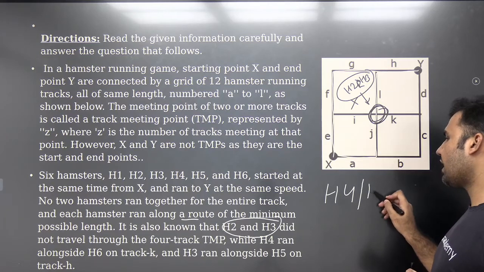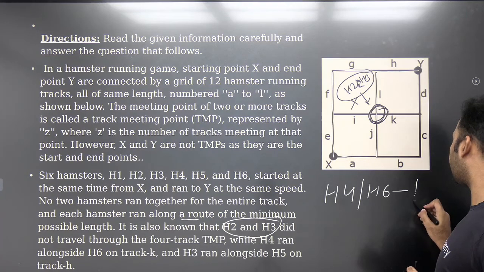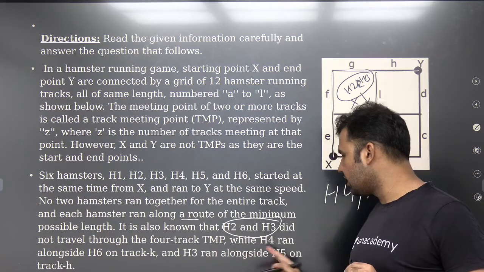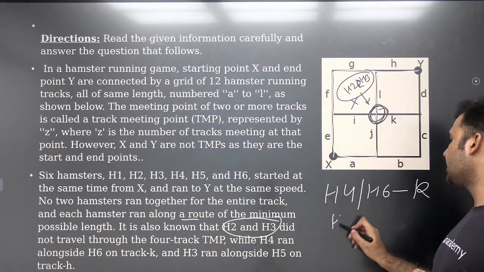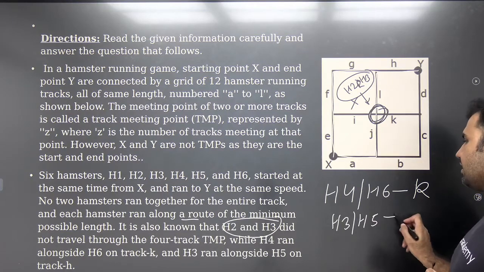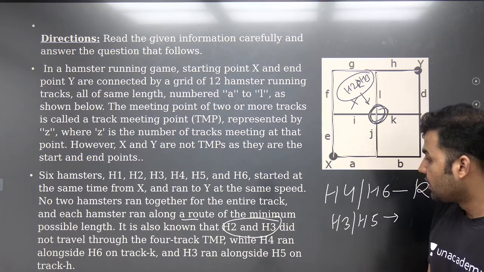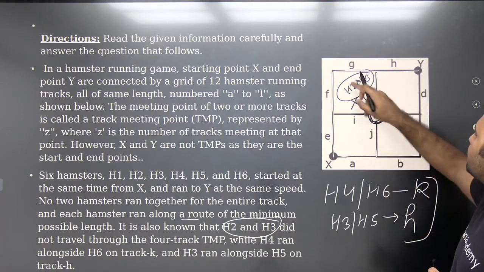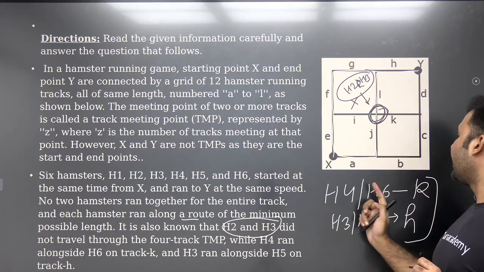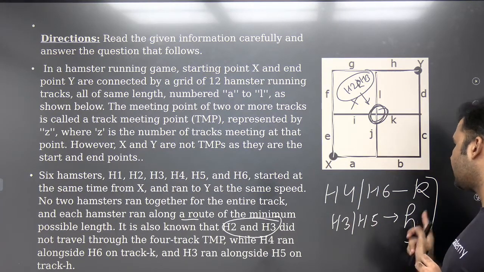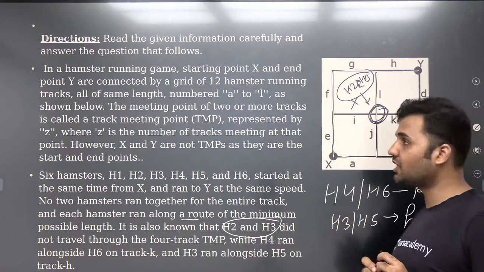So H4 and H6 are running together on track K. They have a common track K. And H3 ran alongside H5, on track H. So these are the conditions. H2 and H3 are not passing from here, H4 and H6 are sharing track K, and H3 and H5 are sharing track H. So these are the 3 conditions that you need to follow.